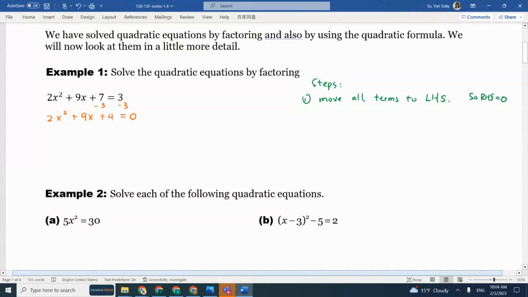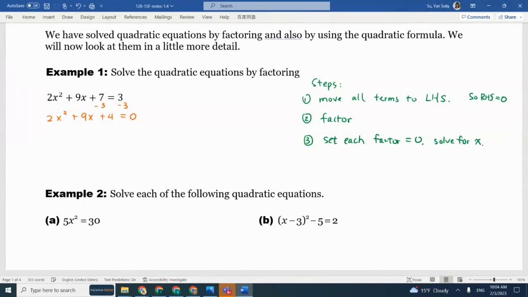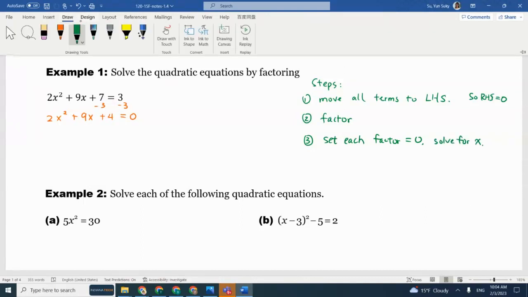So we move all the terms to the left hand side, and then we can factor. The next step, we set each factor equal to 0 and we solve for x. Those are the steps.